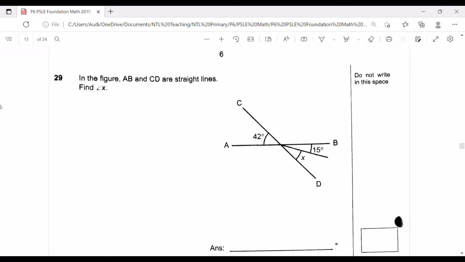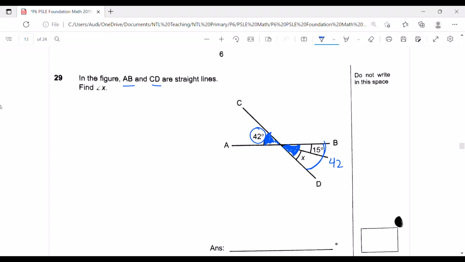It says here that AB and CD are straight lines. Because they are straight lines, it means that this angle here is the same as this angle here. Now we know that this angle is 42 degrees. And so this angle here must also be 42 degrees.